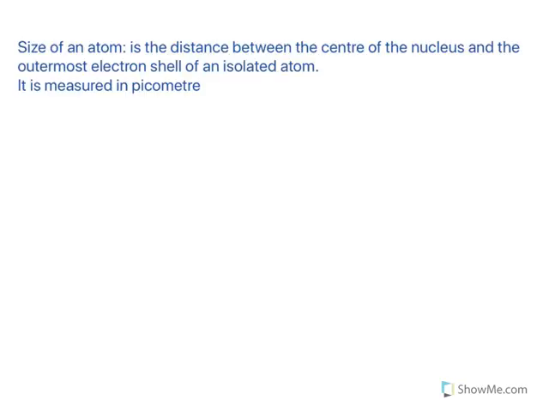We'll now learn about the size of the atom and how it changes along a period and down a group. First, what is the size of an atom? It is the distance between the center of the nucleus and the outermost electron shell of an isolated atom. So here we have the nucleus in the center, and we want to know the outermost orbit, not the inner.